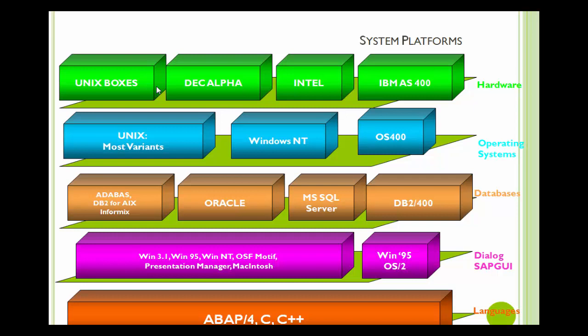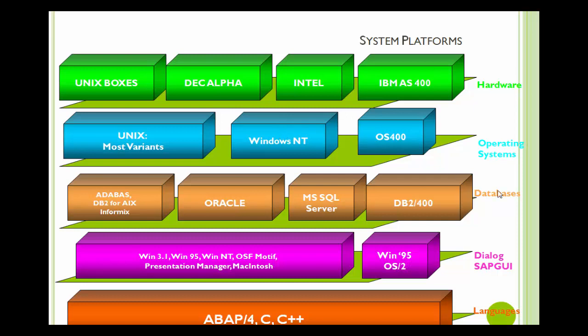SAP R3 is a platform, right? Many things are there here. The R3 system is an open system. When you say open system, it should support any hardware platform, any operating system, any database, and any dialog window applicable for GUI.